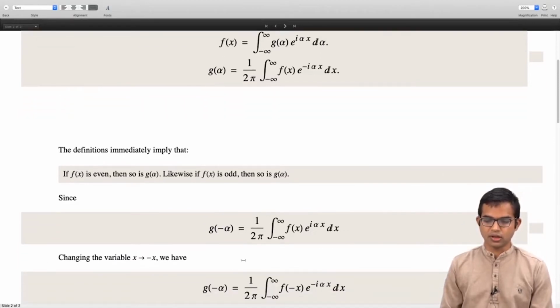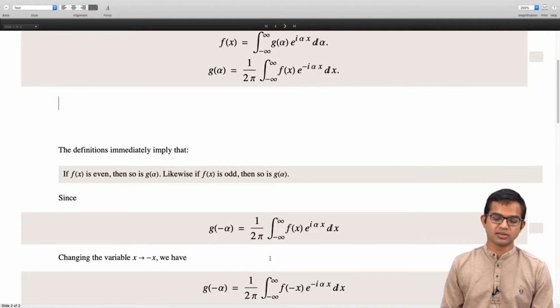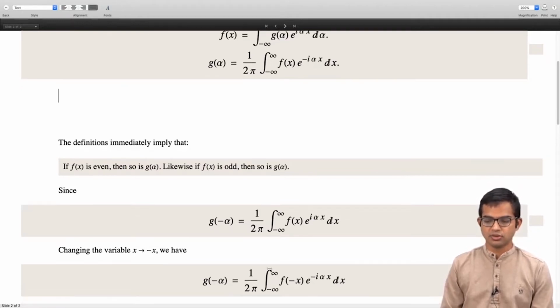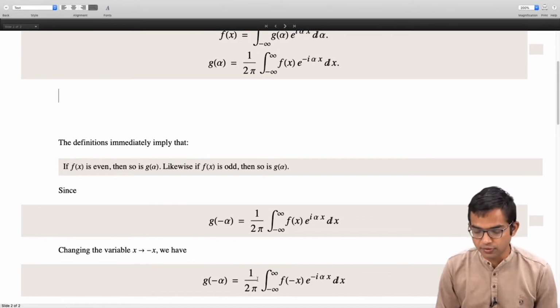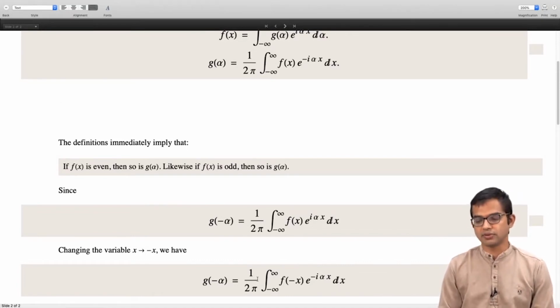Then e to the i alpha x will become e to the minus i alpha x, dx will become minus dx, and your limits also get changed. This factor of minus 1 which comes from dx, and this reversal of the limits, if you do both of them, then you might as well do nothing, right? So you can just write down g of minus alpha as 1 over 2 pi integral from minus infinity to plus infinity of f of minus x e to the minus i alpha x dx.